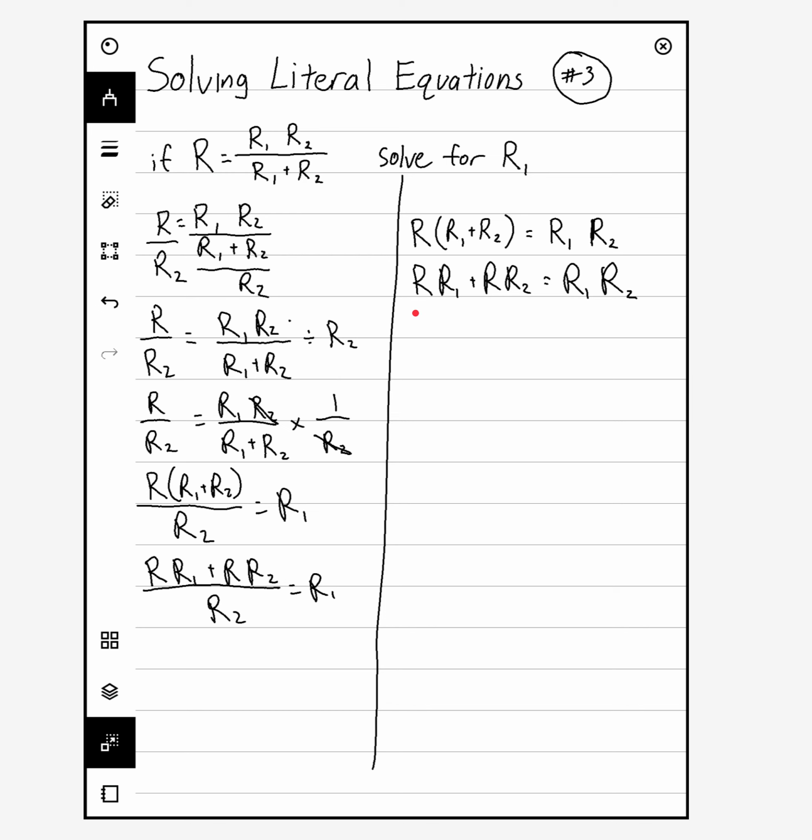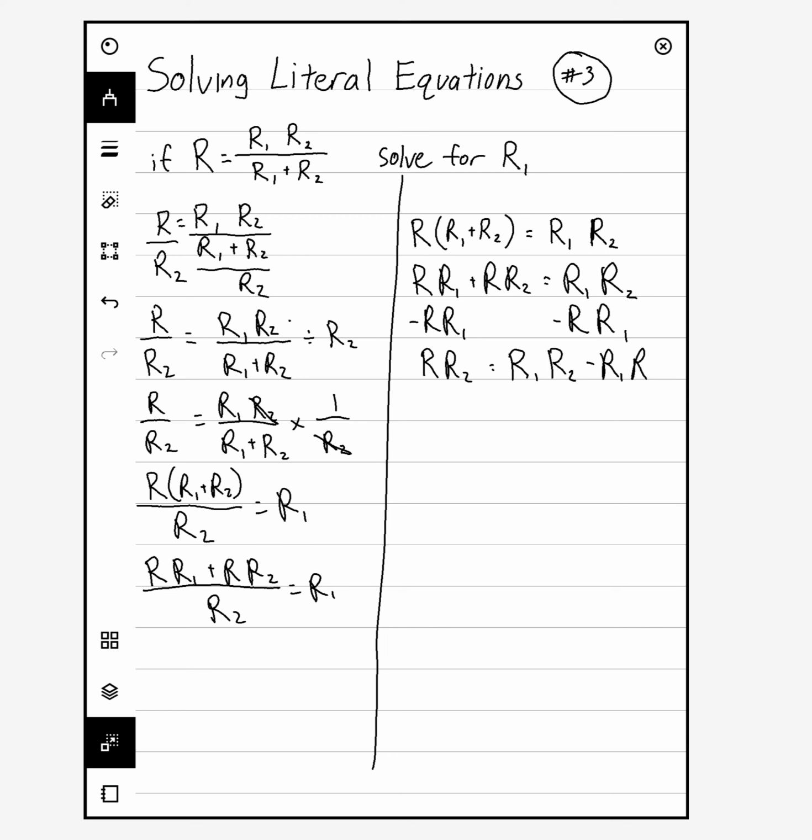Okay, I say we subtract this from that side and bring it over to this side. Then we'll have r2 is equal to r1 r2 minus r.